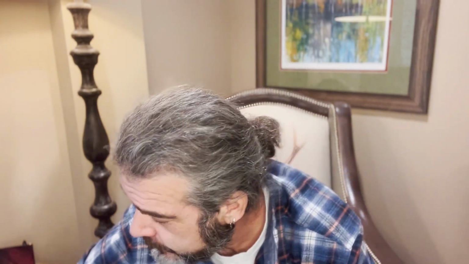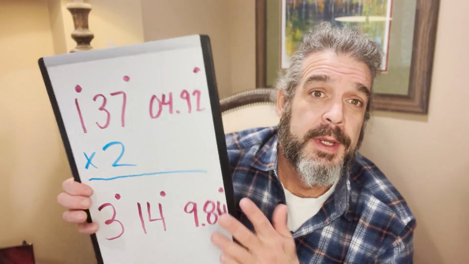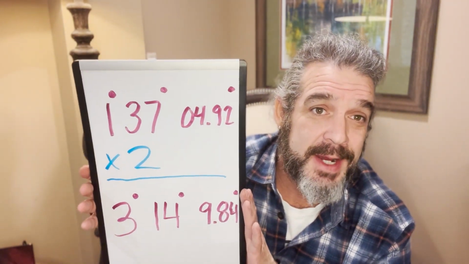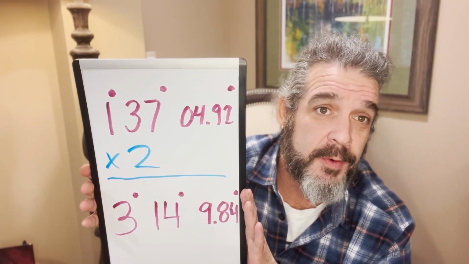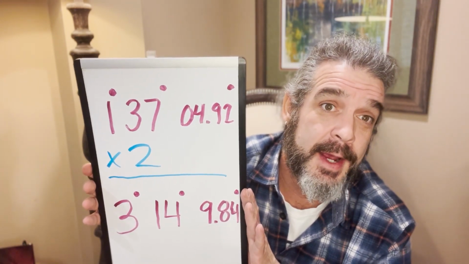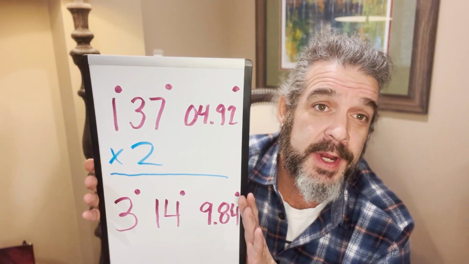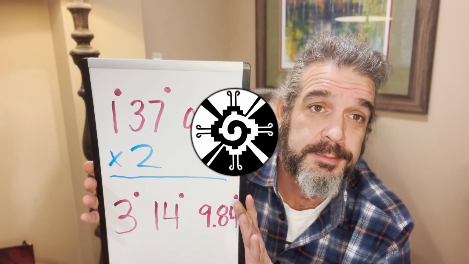Oh, and real quick, here's just the golden ratio, 137.04. Times that by 2, and you end up with 314. Pi. I know it's the numbers, but the way that the cube and the zodiac work, they're working together. Boom.